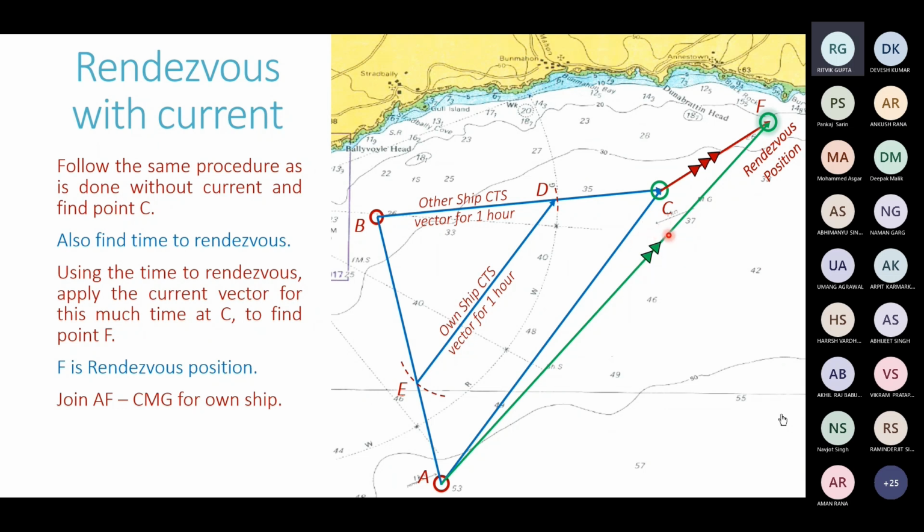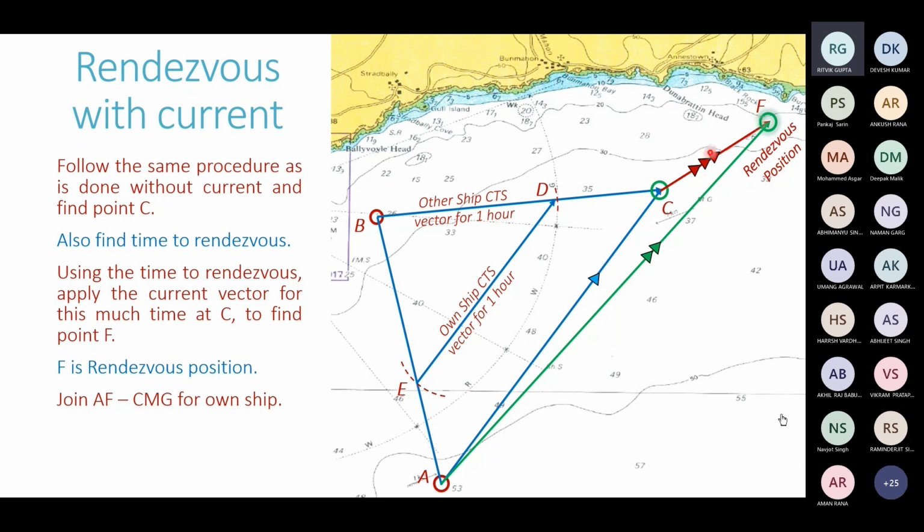If you look carefully, the blue vector, Alpha Charlie, is our course steered vector. This is the course which we are steering. If you remember, this Echo Delta vector was obtained using our engine distance. So Alpha Charlie is our course steered vector.